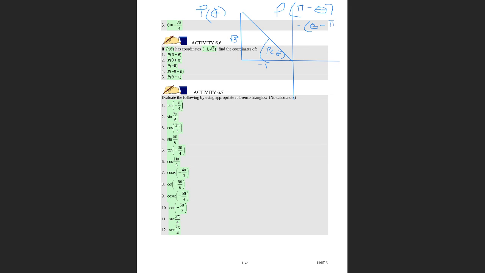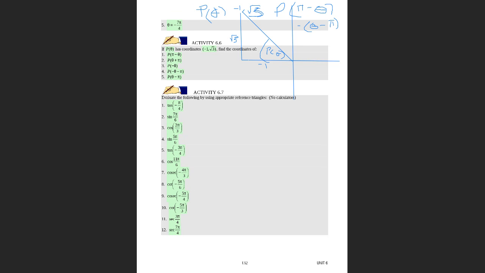Does this make sense? Yes. So now here is -1 over √3, sorry, -1 and √3.